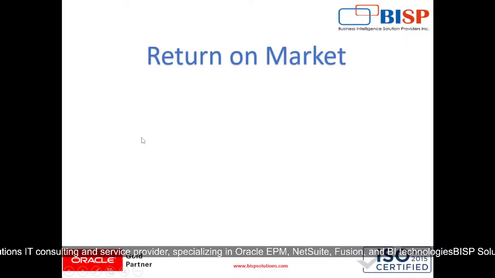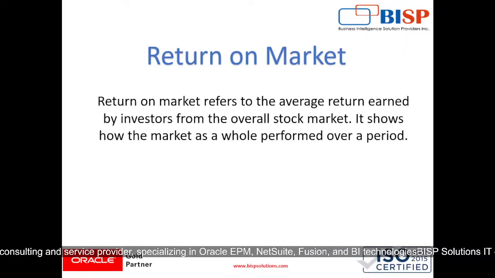So now in our coming session, first of all we will be understanding return on market. Return on market refers to the average return earned by investors from the overall stock market. It also shows how the market as a whole performed over a year.